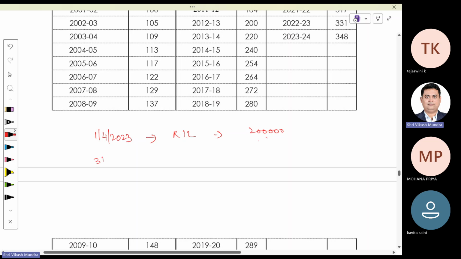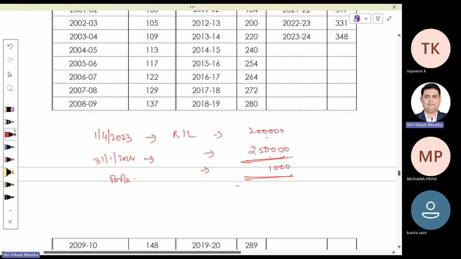As on 31st January 2024, I sold these shares for rupees 2,50,000. For selling this, I incurred some brokerage expenditure, say rupees 1,000.